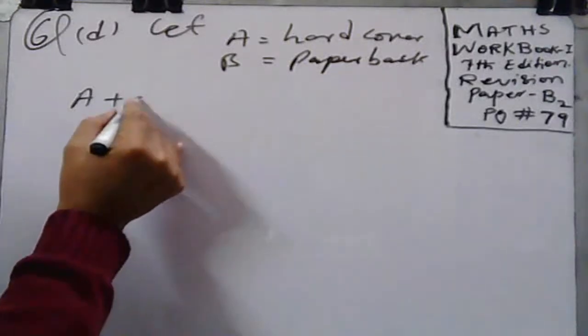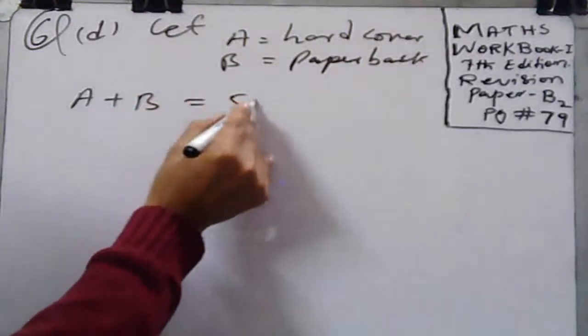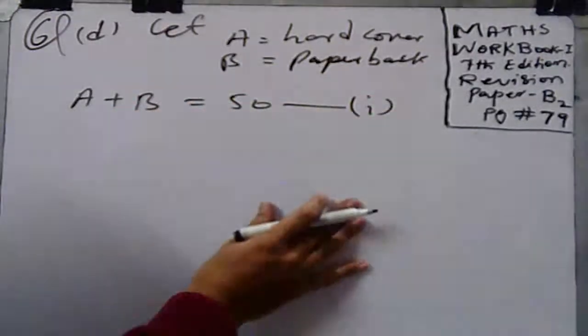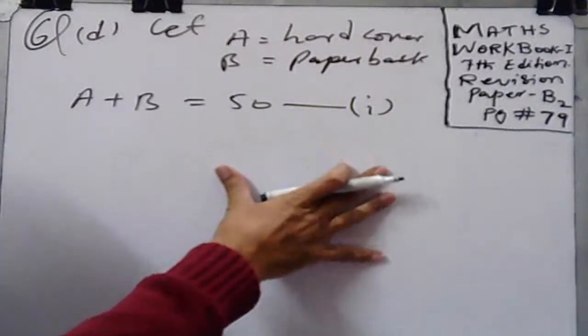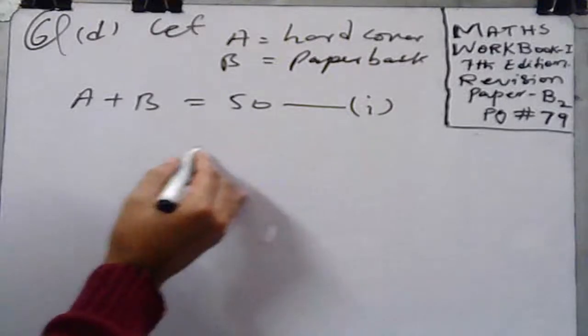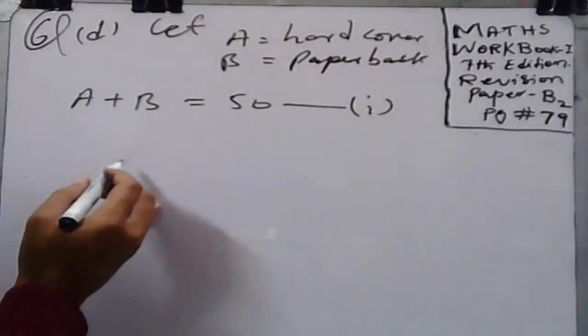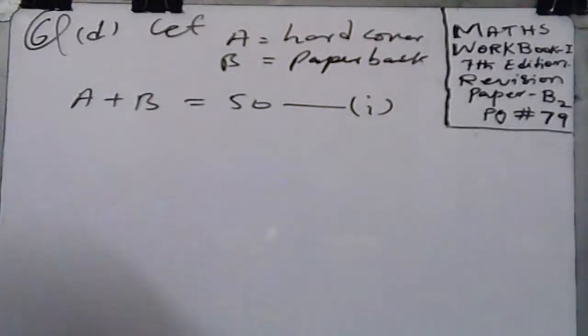This is your equation number 1, and we solve it by the same methodology we have discussed for linear simultaneous equations. The second thing, if you read the statement further, is that each hardcover book is 1/2 as expensive as each paperback book.